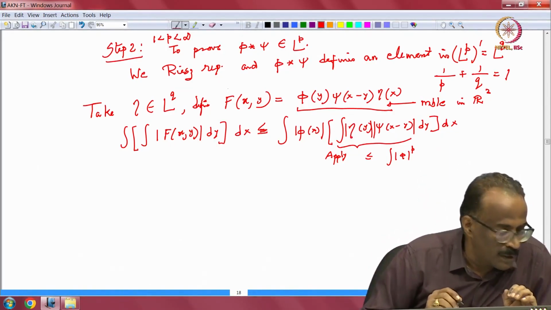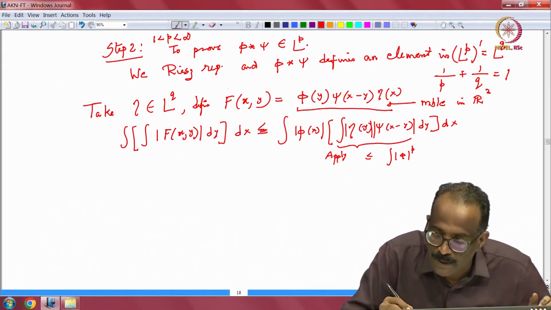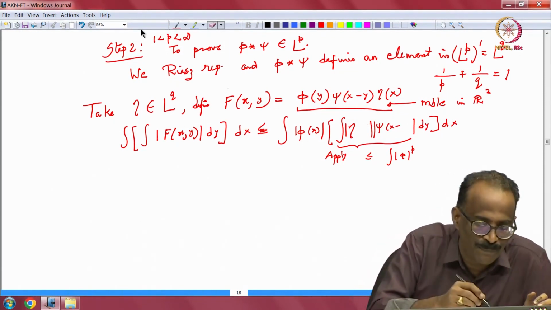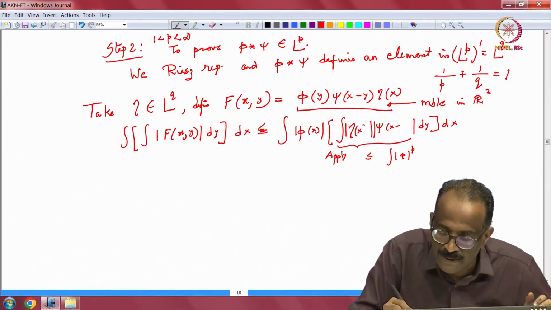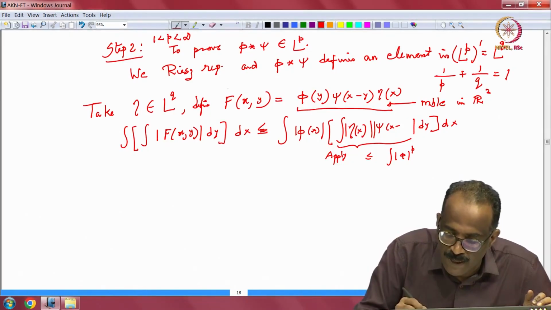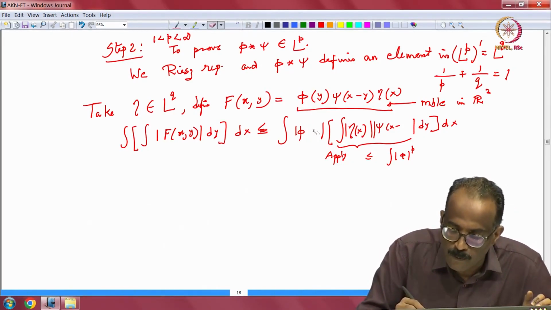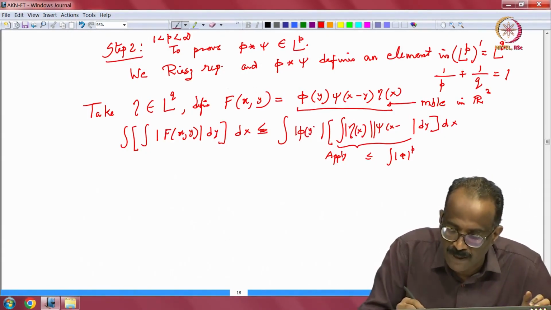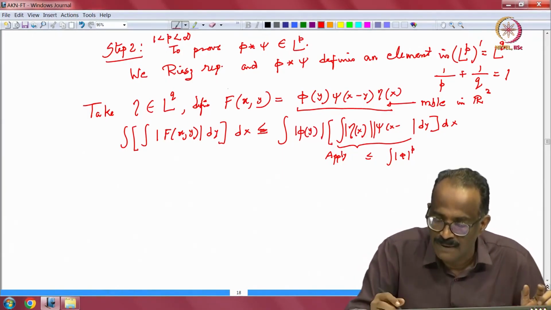So I have a change of variable. Both are correct, but then I will not be able to apply it properly. Here this is theta x and phi of y. I want phi outside, because theta and psi are conjugate.